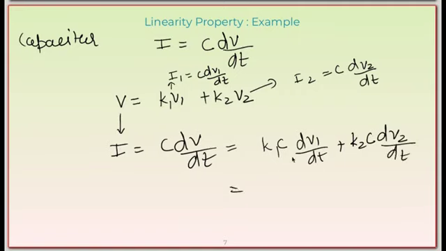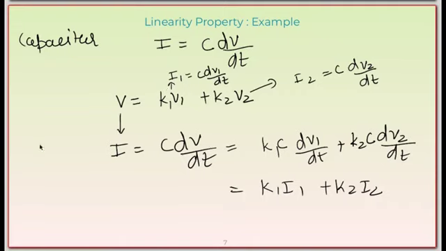And you can also write this as K1 times I1 plus K2 times I2. So when input is K1 times V1 plus K2 times V2, your output is K1 times I1 plus K2 times I2. So you can see that this relationship, I equals C dV by dt, is also a linear relationship. It means a capacitor is a linear circuit element.